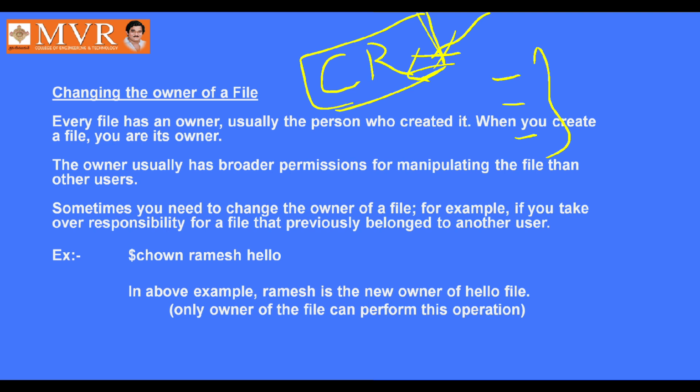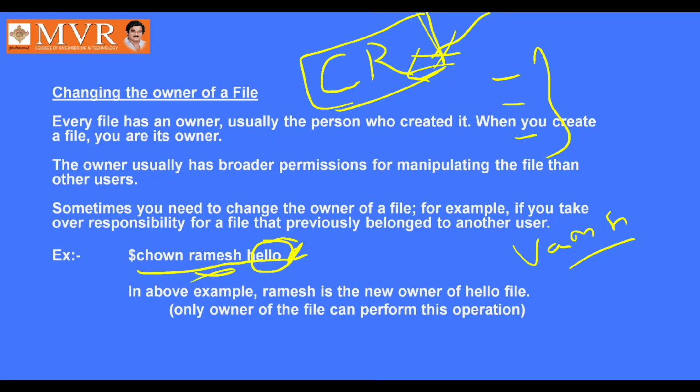You need to use a command known as chown. The chown command is followed by Ramesh and then hello, where hello is the file name. Previously the hello file was owned by, say, Vamsi. Because Vamsi is no more the CR, and Ramesh is the new CR.